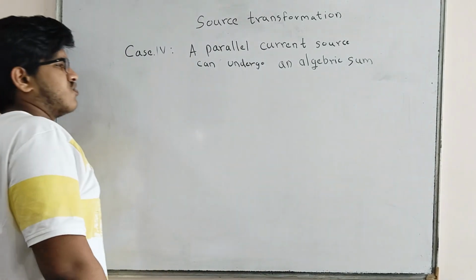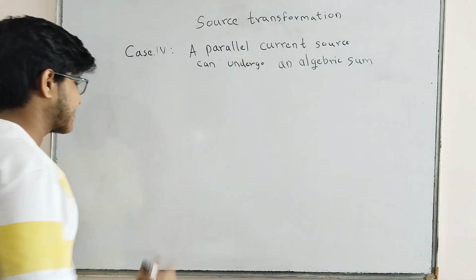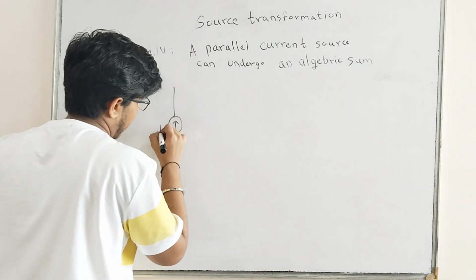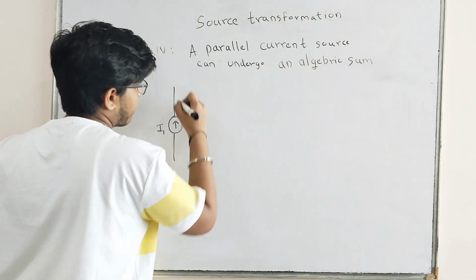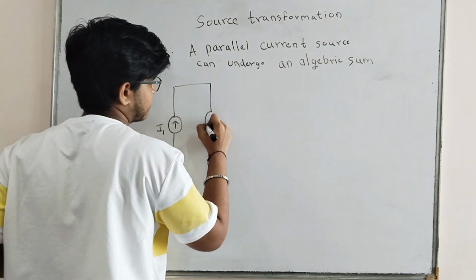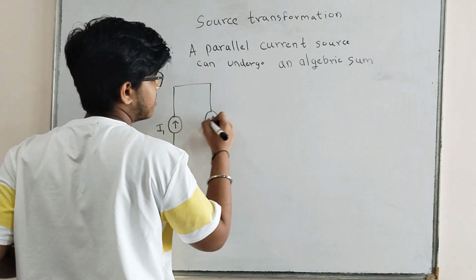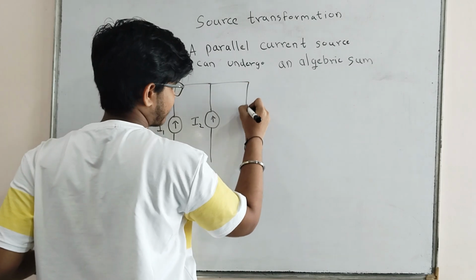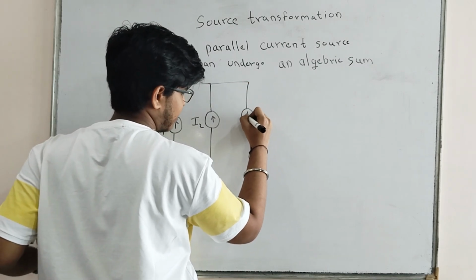Okay, so I will explain it with an example. Let us consider this one source I1. Next is this source which is in parallel, in the same direction, and this is my I3.